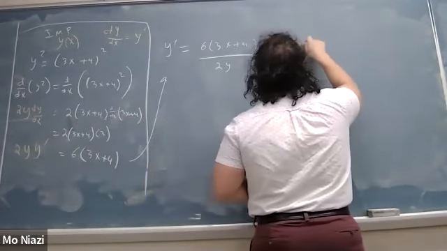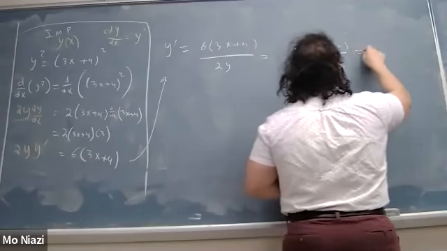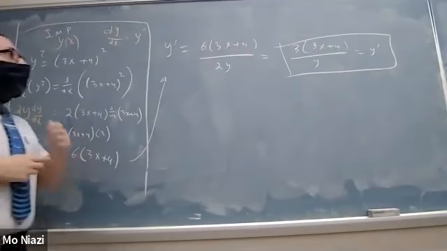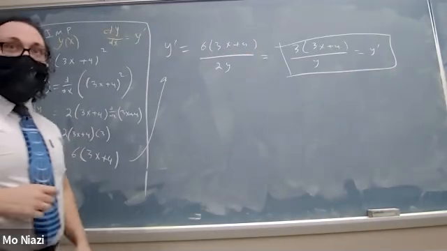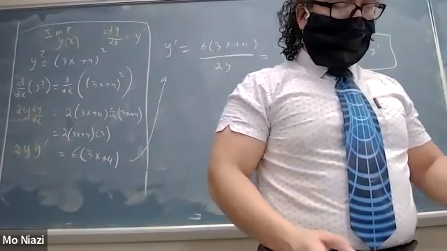But this becomes 3 times 3x plus 4 divided by y. This is our y prime. Let's do more examples. This will make more sense the more examples we do.